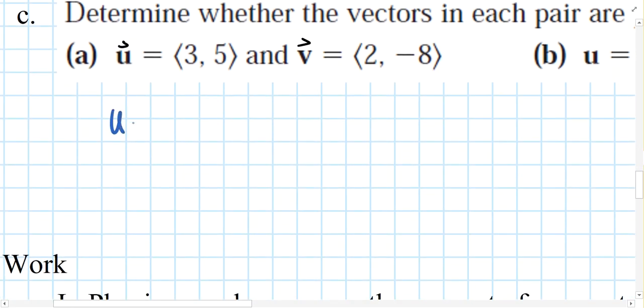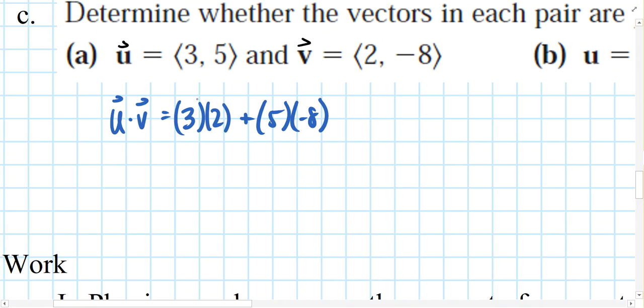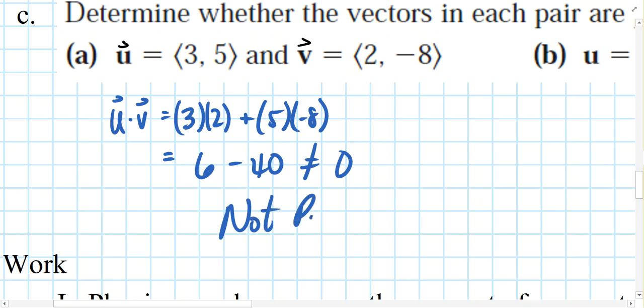If we dot u and v, which in this case would be 3 times 2 plus 5 times negative 8, then the product, if it equals 0, implies that we are dealing with perpendicular vectors. Well, 6 minus 40 clearly is not going to be equal to 0, and I really don't care what the number is. If it's not equal to 0, then we know that these two vectors are not perpendicular.